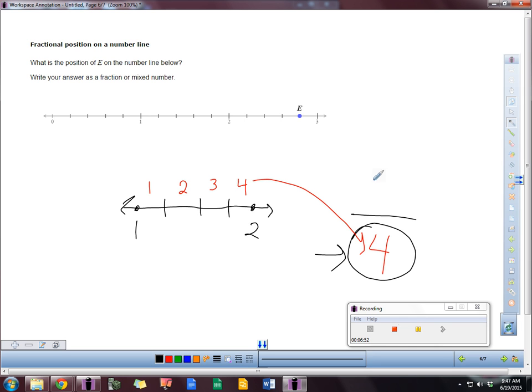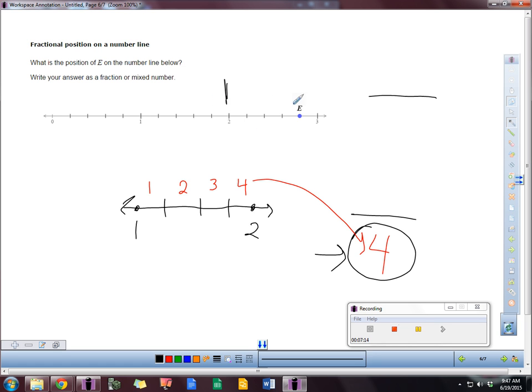All right, so I'm going to be writing this fraction. Now, it does say write your answer as a fraction or a mixed number. So what that means is you can write it two different ways. You can write it as an improper fraction, or you could write it as a mixed number. So let's explore how to find that denominator again.